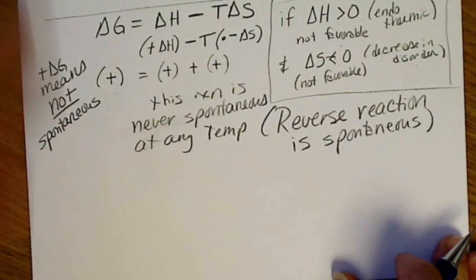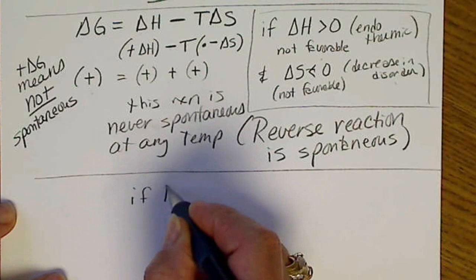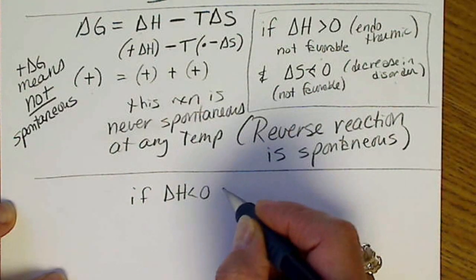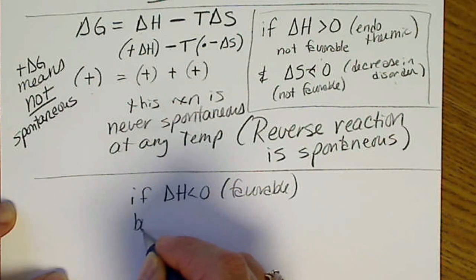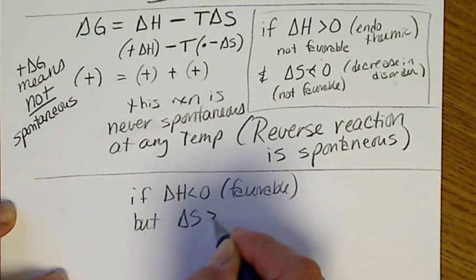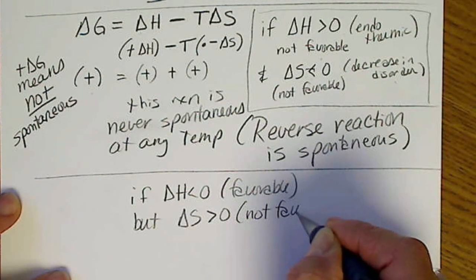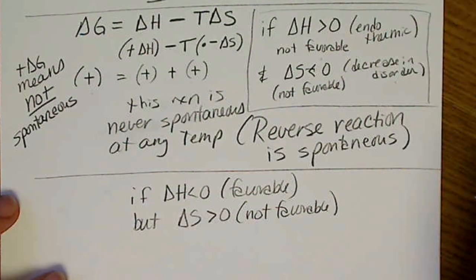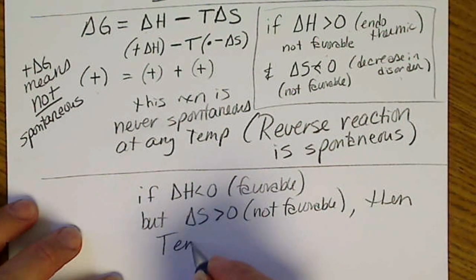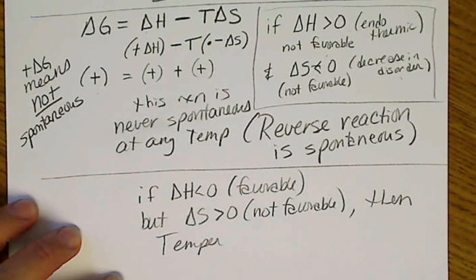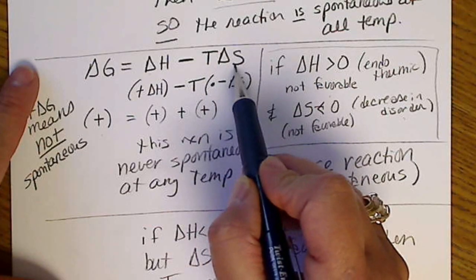So oftentimes we have two competing terms. So if delta H was less than 0, that's favorable. But delta S was greater than 0, that's not favorable. Then the temperature that the reaction runs at will affect how big this value is here.